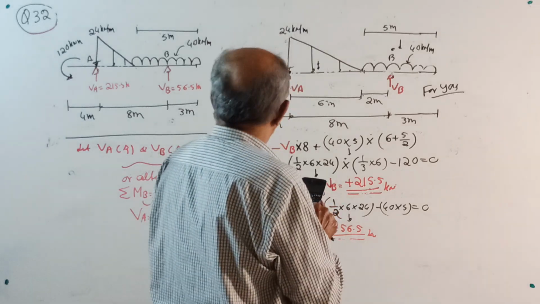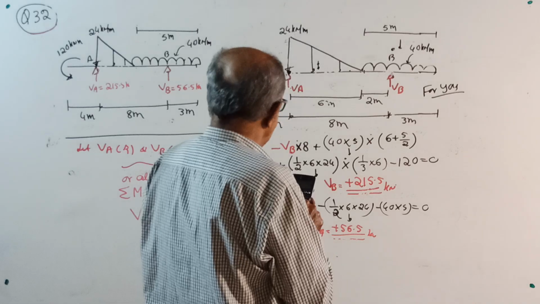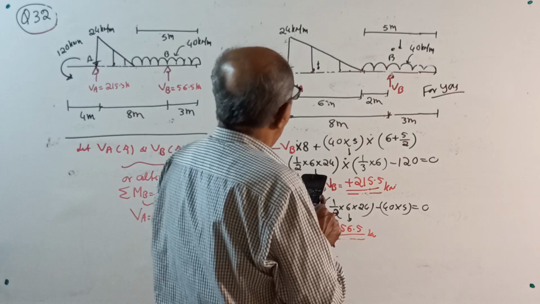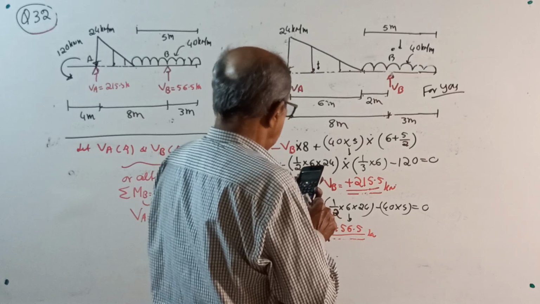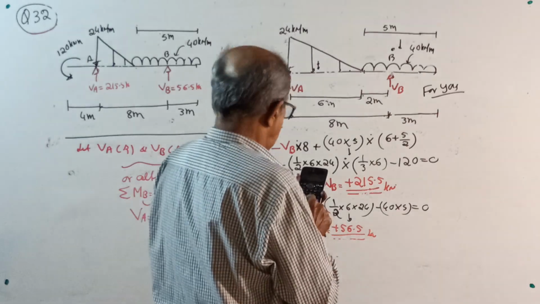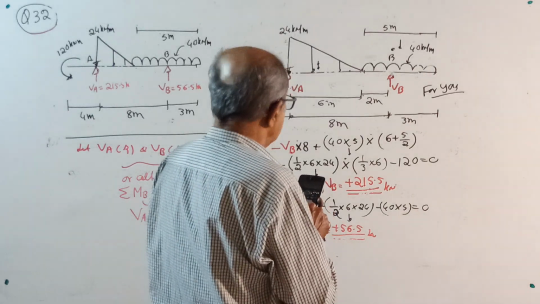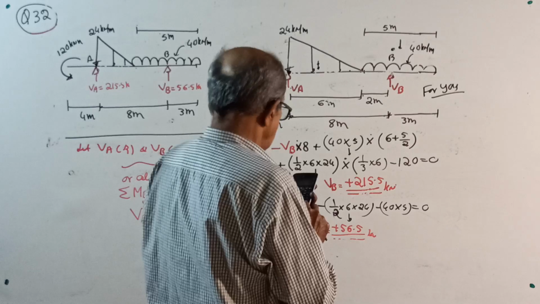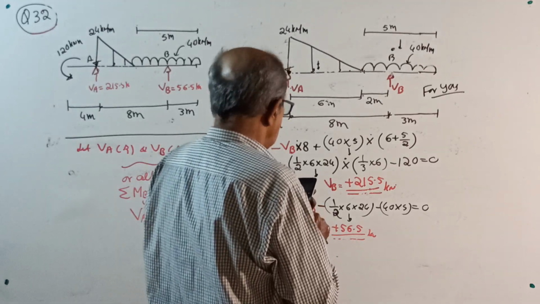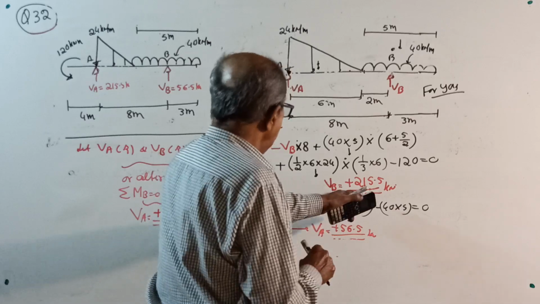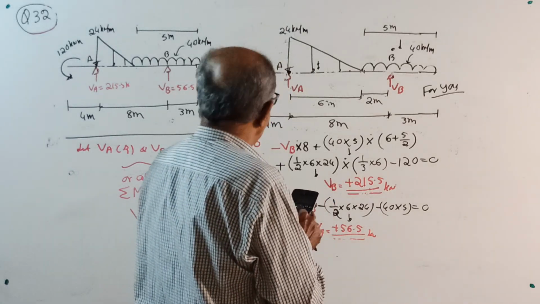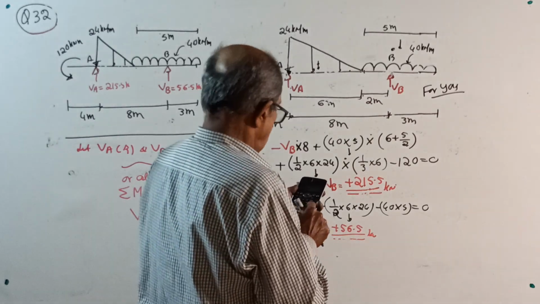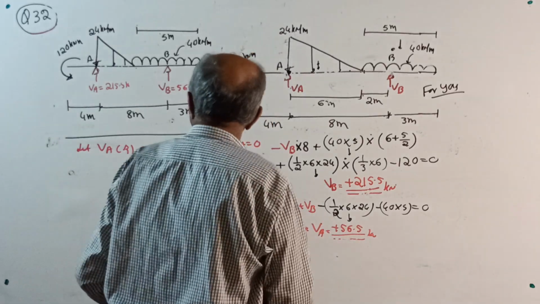Calculate, see this calculation problem. 215.5, correct answer. 215.5 minus half into 6 into 24 minus 40 into 5 gives 56.5, fully correct. Then what is wrong here?